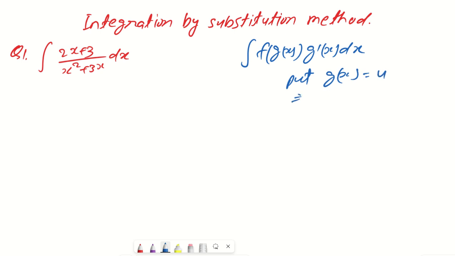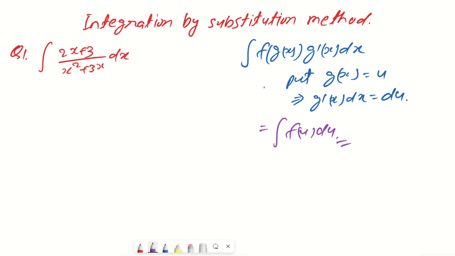Then if you differentiate both sides, we get g'(x) dx is equal to du. So in the integration, we can replace g'(x) dx with du, and this will become f(u). So my overall integration is going to become the integration of f(u) du. So this is going to be a simplified form, and we will be able to integrate it very easily.